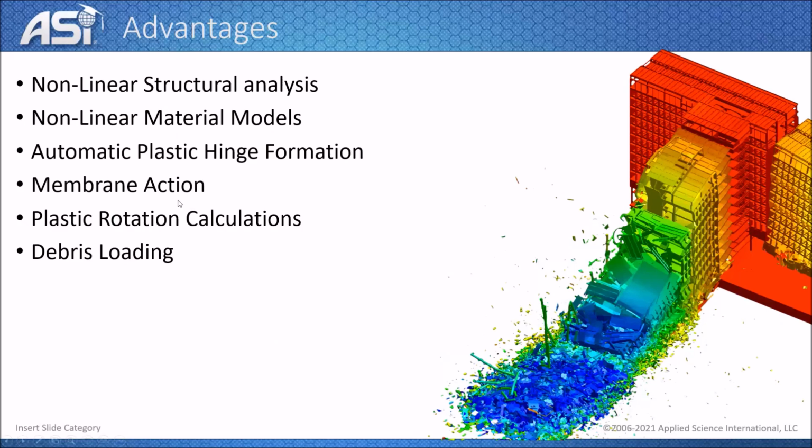Membrane action and P-delta effect are already included in the analysis in an exact way. We will also be seeing how to extract the plastic rotation calculations, as well as the debris loading and how the debris loading is going to affect the results of your analysis.